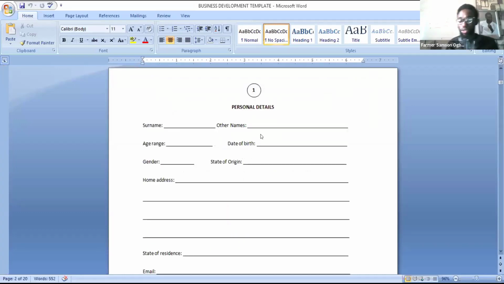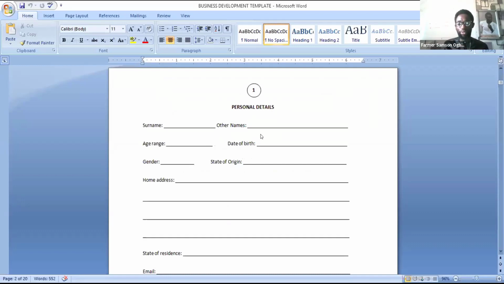First we start with your personal details, your surname, other names. The way you write your name should be the same way it appears in a formal identification card that you have.